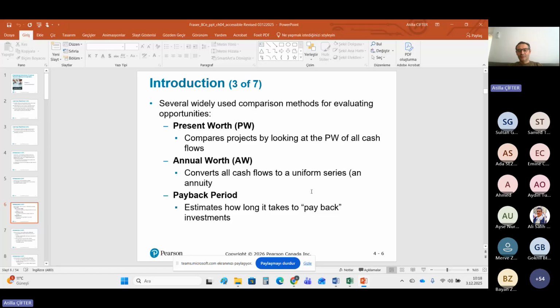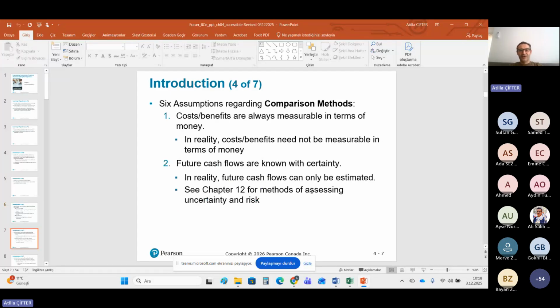It tries to look at the present worth of all cash flows. And we have annual worth. In this case, we try to convert all cash flows into a uniform series, like an annuity. And then we have payback period. We will also see this part today. It tries to estimate how long a project can pay back the investment. Okay, and we have mainly 6 assumptions for these comparison methods.